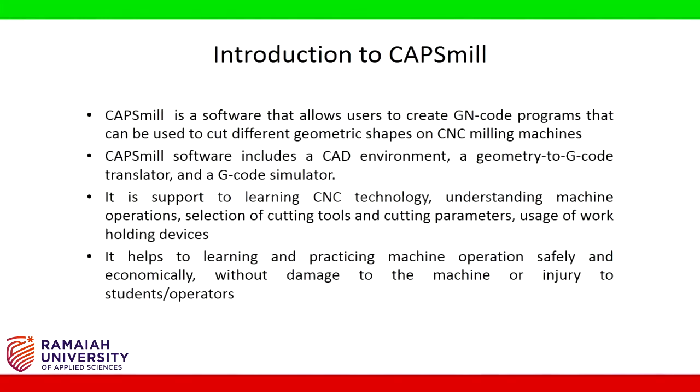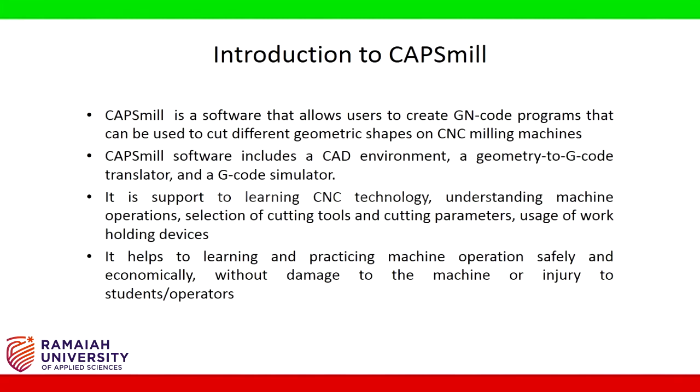CAPSmill is a software that allows users to create G-code programs that can be used to cut different geometric shapes on CNC milling machines. CAPSmill software includes a CAD environment, a geometry to G-code translator, and a G-code simulator.